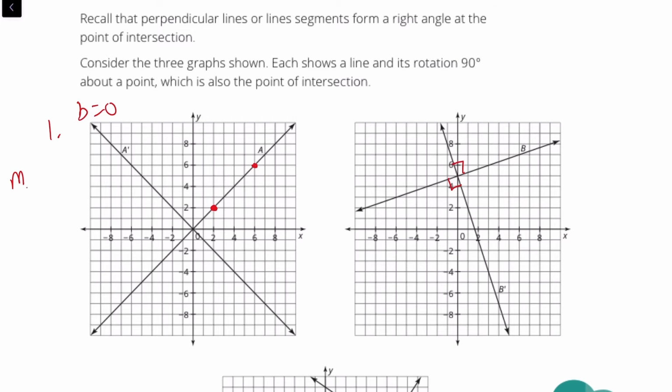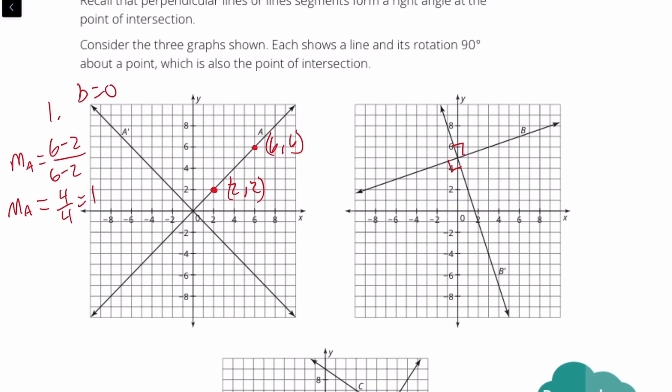So we'll find the slope for A first by doing 6 minus 2 over 6 minus 2. That gives us 4 over 4, which is 1.